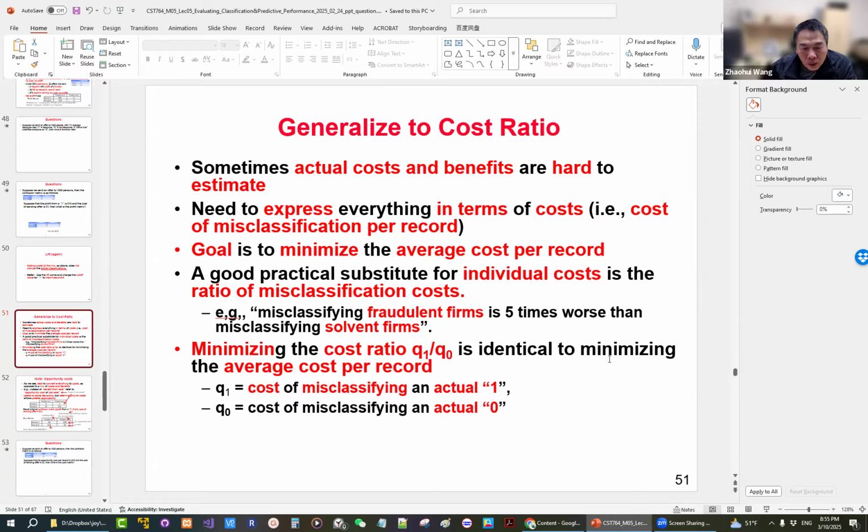This is identical to minimizing the average cost per record. Q1 is the cost of misclassifying a 1, and Q0 is the cost of misclassifying a 0. Any questions on this?